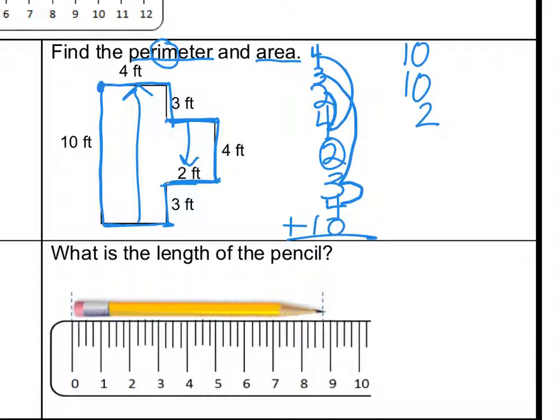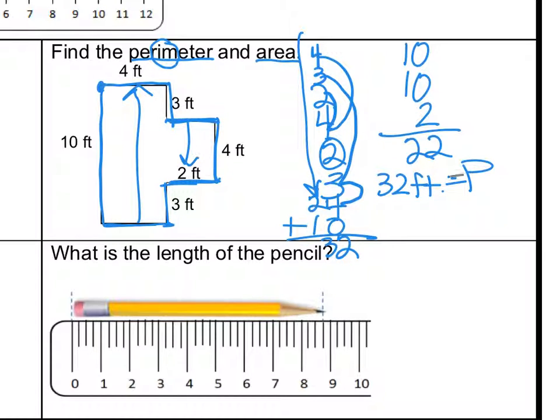And then I also have to not forget the 10 in the tens place. So we'll just do this column first. So this column, the answer is 22. So I'm going to carry my 2. And look, I have to carry it all the way down here. Put down my 2. And 2 and 1 is 3. So if I add all that up, I'm going to get 32 feet. That's the perimeter. So I'll put equals P.